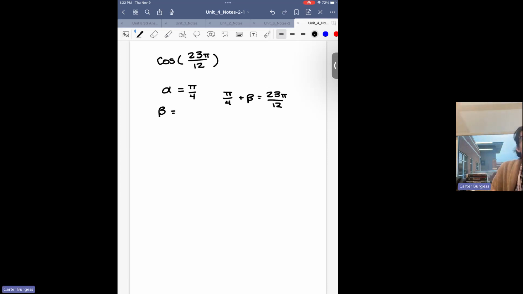And so subtracting pi over 4 from both sides, I get that beta should be 23 pi over 12 minus pi over 4. Now, to actually do out the subtraction, I need to match the denominators. So 23 pi over 12 minus 3 pi over 12, I get that this is 20 pi over 12, which simplifies to 5 pi over 3.